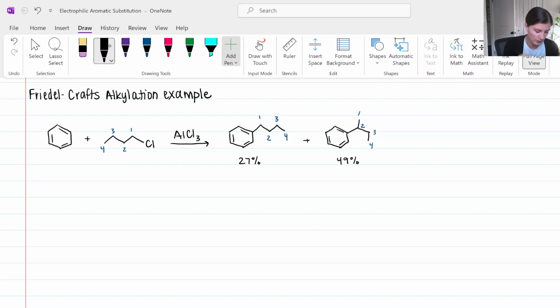So let's go through step 1, generating the electrophile. I'm going to actually draw out all of the carbons and hydrogens to help us see what's going on here.